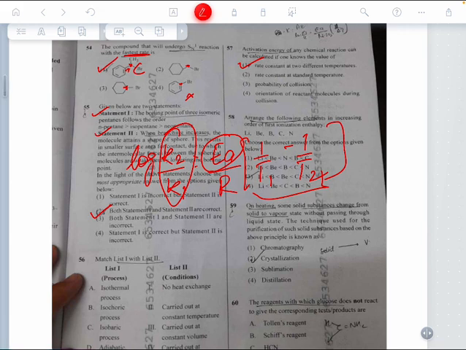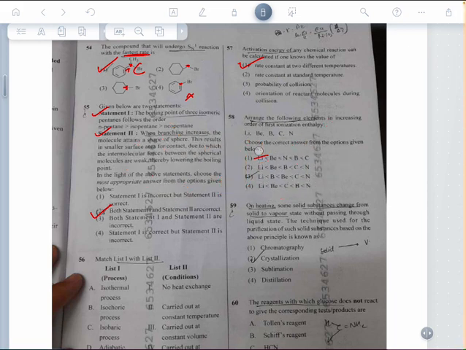Arrange the following elements in increasing order of their ionization enthalpy. Now ionization enthalpy, you see, as we move across the period, ionization enthalpy increases, because radius decreases.